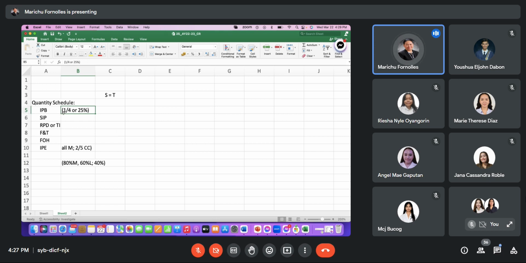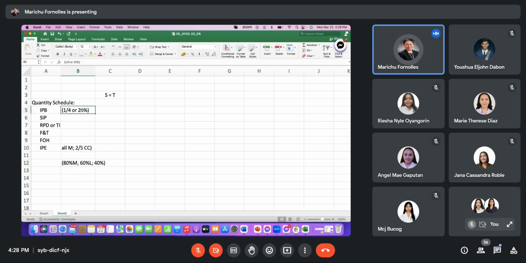But if the parenthetical notation is like this, or this one, the percentage applied to M is not the same percentage applied to labor and overhead. So we say that there is uneven application of materials, labor, and overhead.